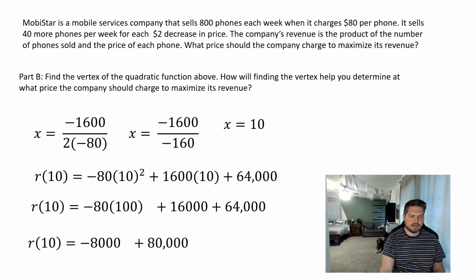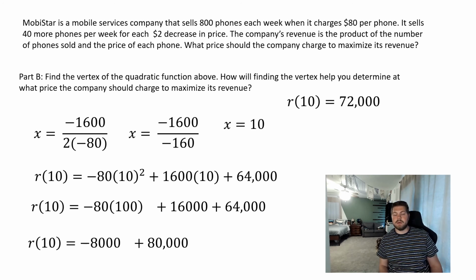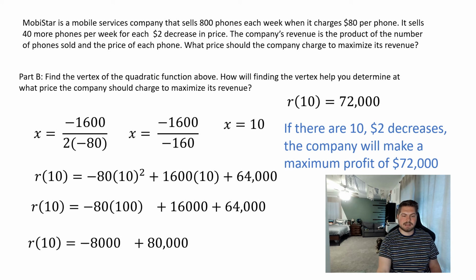So then you combine these, and you get 80,000 plus negative 8,000, and you get that when D is 10, then y is 72,000. So that is our max revenue. So the company would make the most amount of profit at $72,000 if there are 10 $2 decreases.